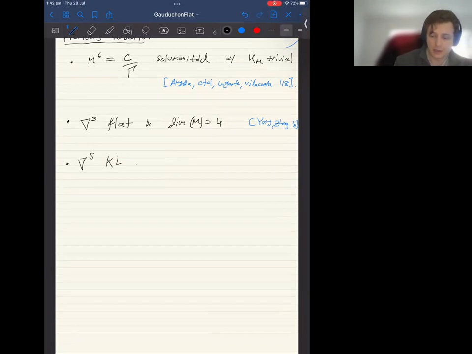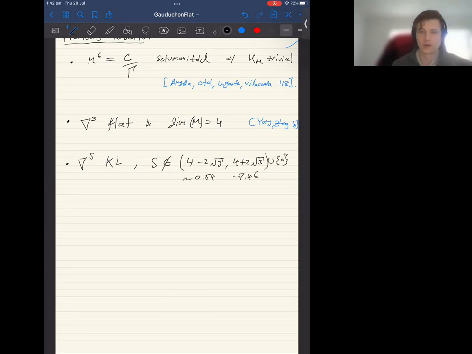If it's scalar-like, and now we impose a condition on S, it's a very strange interval, but if S is not inside this interval, so we got 4 minus 2 root 3 and 4 plus 2 root 3. We also don't want it to be 0 because that's the Chern case. This is 0.54, this is 7.46 roughly. Then it holds.